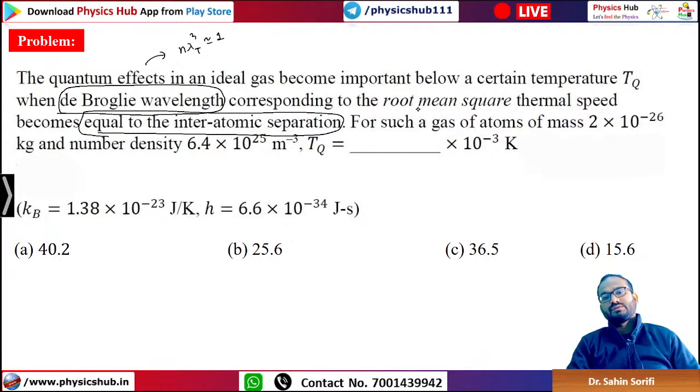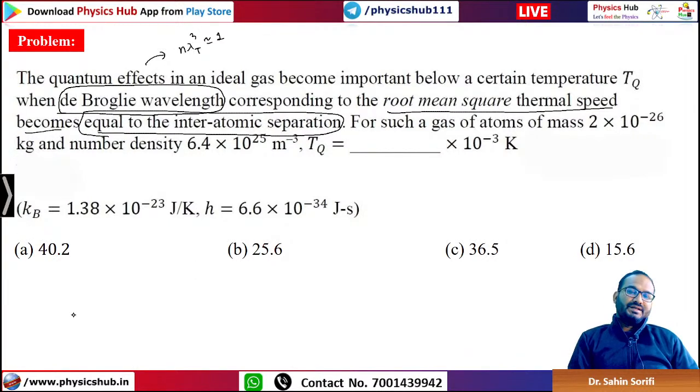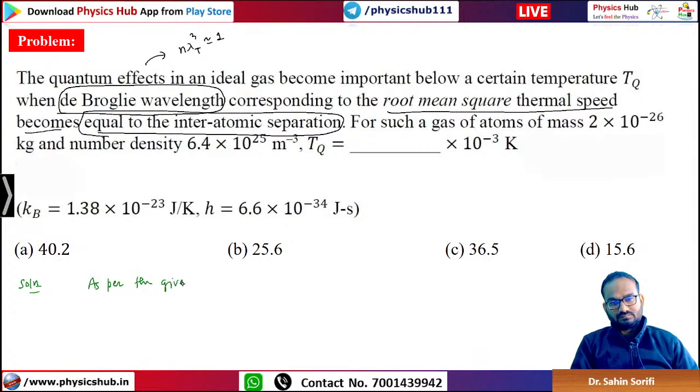The de Broglie wavelength corresponding to the root mean square thermal speed, that is lambda_T, becomes equal to the interatomic separation. Lambda_T equals a.